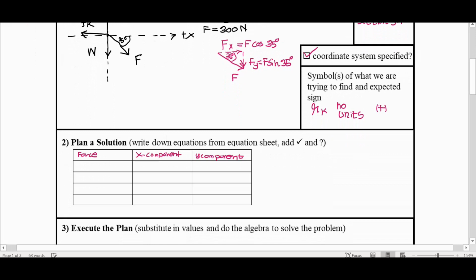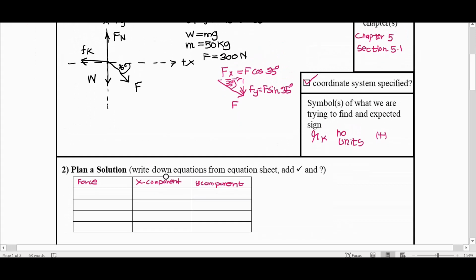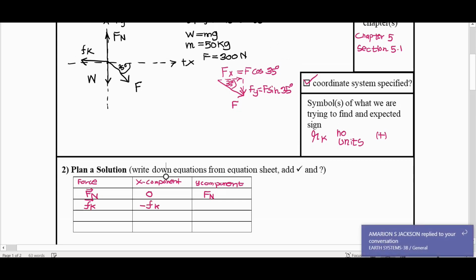Before we plan the solution, I'm going to create this table to identify each force acting on the crate and the x and y component of each force. Normal force acting directly upwards, there's no x component, y component is positive. Kinetic friction, friction always opposes the motion, so it is acting to the left. And then the y component of the kinetic friction is just zero.